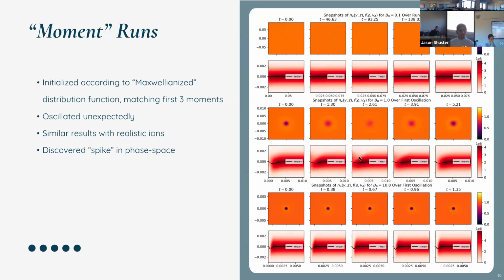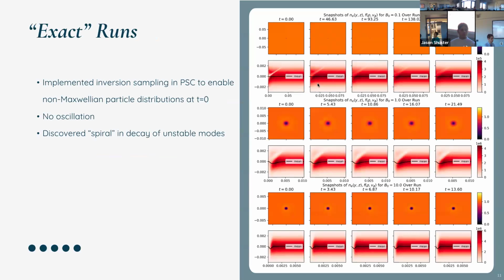So this spike was interesting. So I looked into it a little bit more. And actually, when you look at the exact distribution function, there is a spike in the distribution function and a hole. So we initialized runs according to the exact distribution, and that took a bit of work because PSC had to be extended to support inversion sampling to actually sample from an arbitrary distribution function.